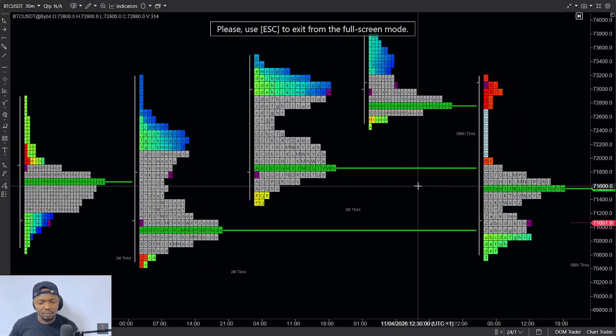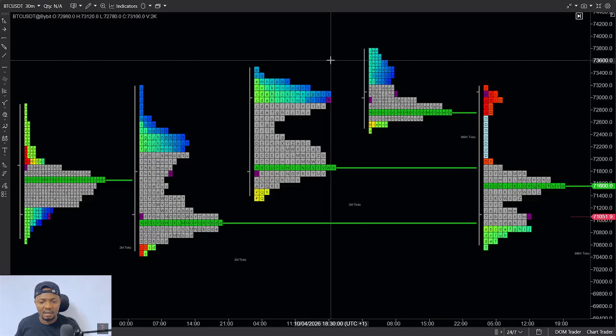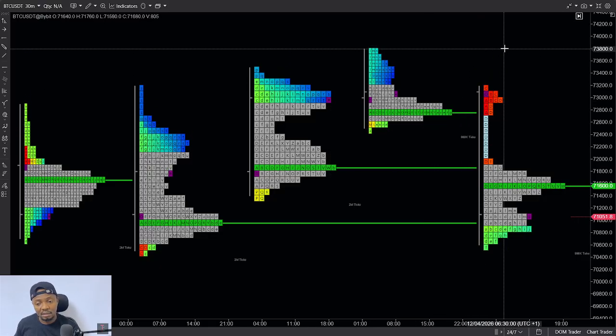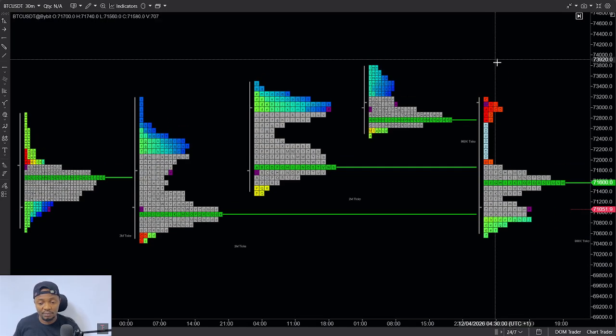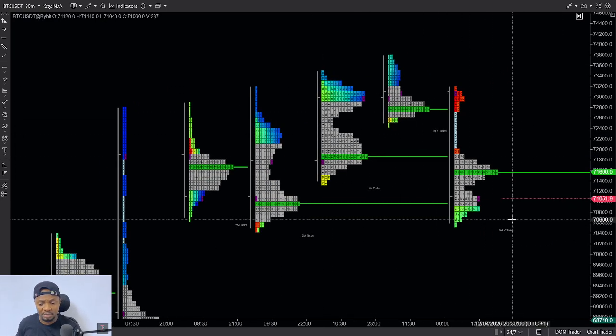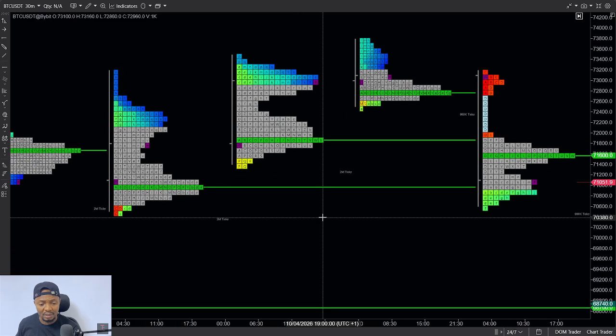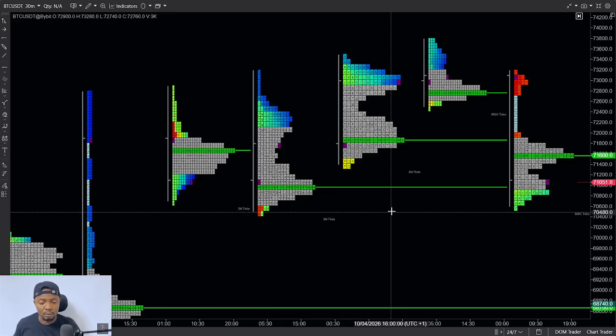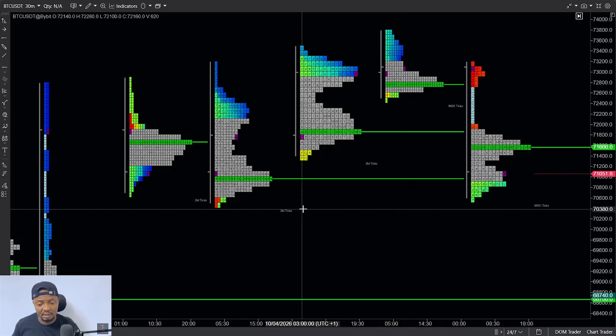So this is the market profile. You see that we have poor highs here, so the price could eventually go back to 74k before rejecting down, although everything in the price action is currently bullish right now. And looking at the low, we have a poor low. This low is very poor, guys, and price could eventually take it out.